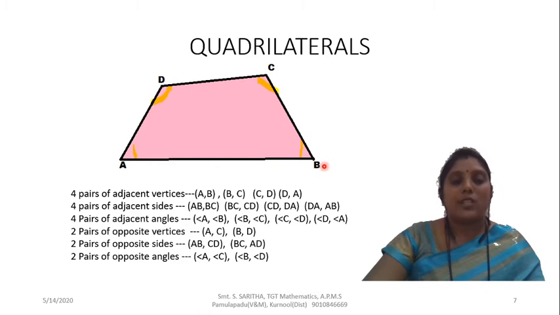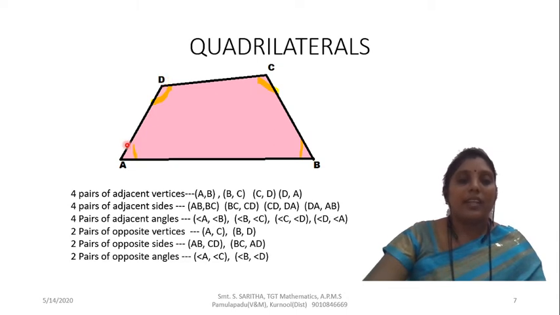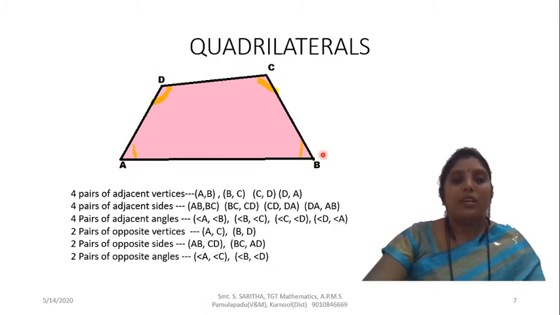Vertex A and vertex B, vertex B and vertex C, vertex C and vertex D, and vertex D and vertex A. It has four pairs of adjacent sides: AB, BC; BC, CD; CD, AD; DA, AB.